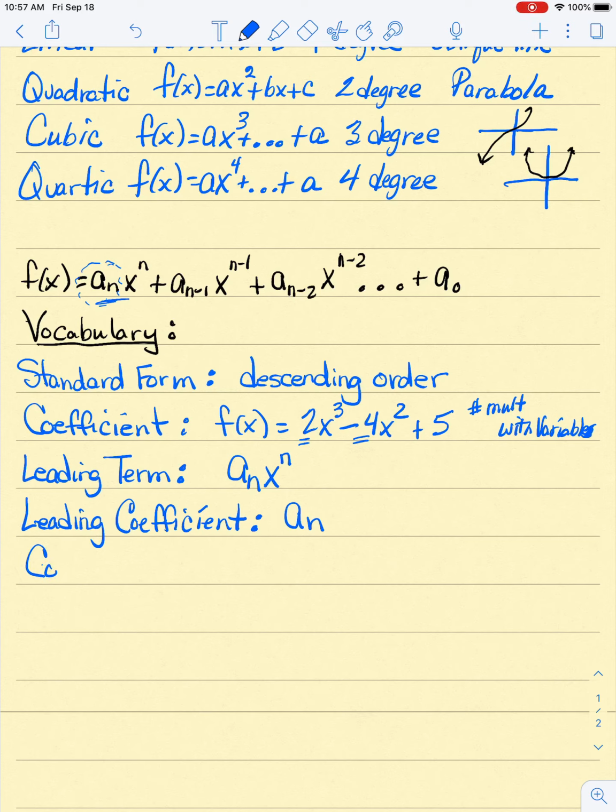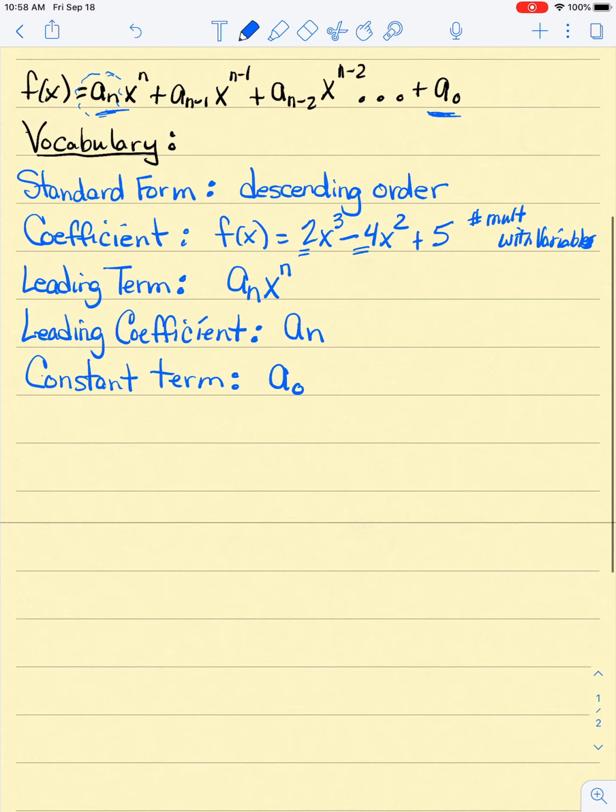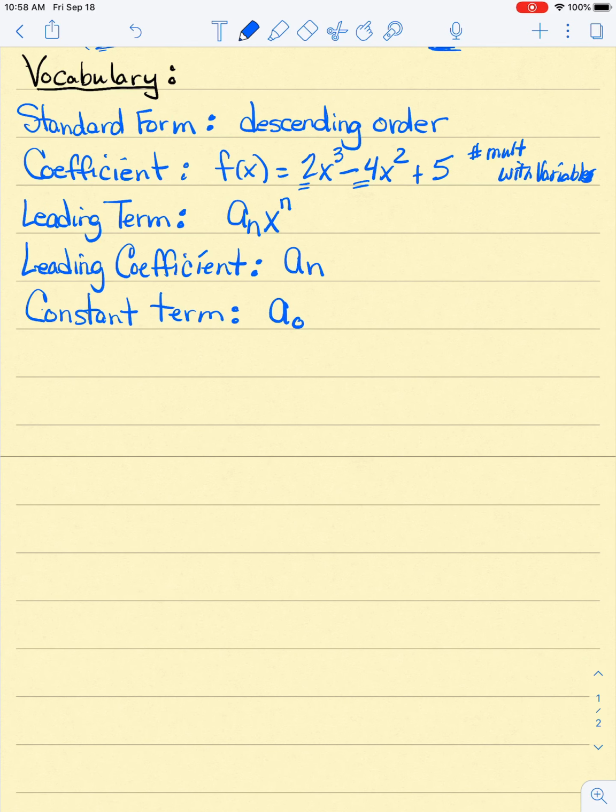And then lastly, constant term. The constant is our a sub 0, down here. It's going to be your number without a variable, and that's going to represent your constant. While I have you here, I'm going to go just a little bit further.